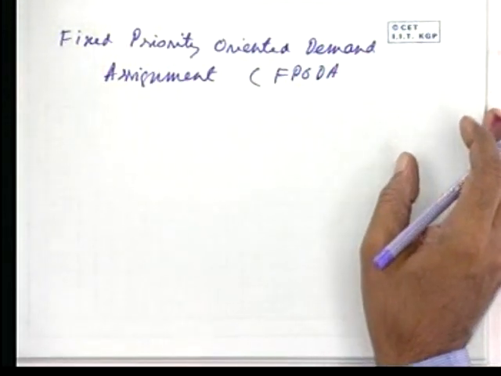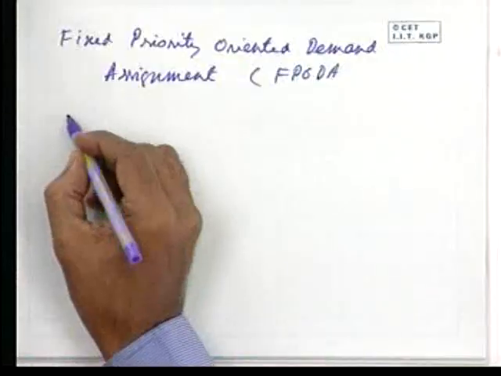This was devised in the United States for 6 local area networks for communication through satellites. So 6 local area networks were communicating through a satellite, and for them it was designed.